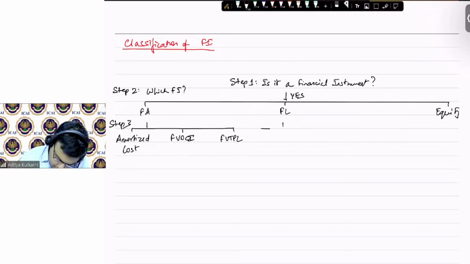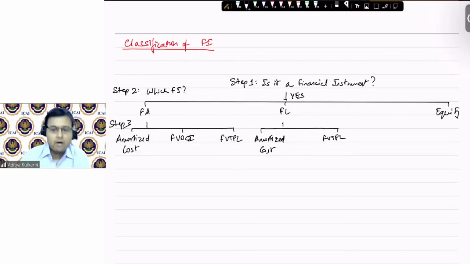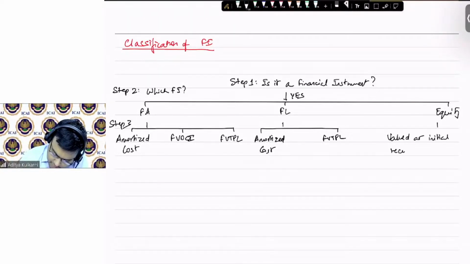In the case of financial liabilities, it will be only two, that is amortized cost and FVTPL. Depending on the classification, you will do the recognition. And last one, equity, there is nothing much. It is valued at initial recognition and thereafter no remeasurement.